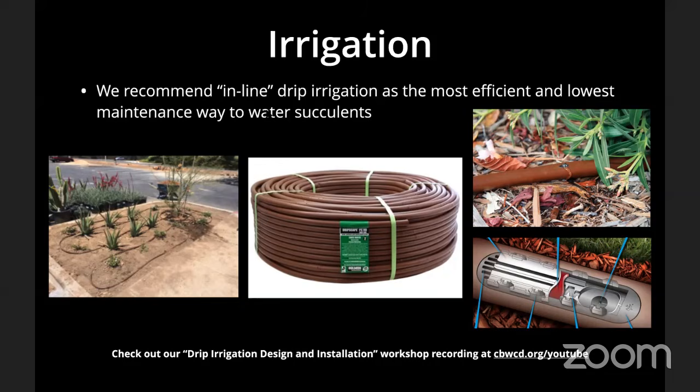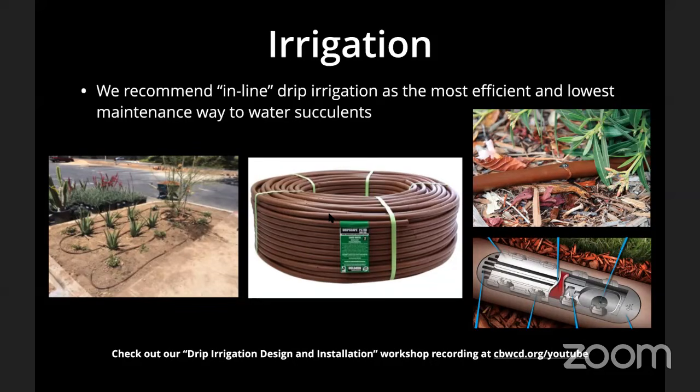So this inline drip irrigation, you buy a roll, either a 100-foot roll or a 500-foot roll. For most homeowners, a 100-foot roll, even if you need more than 500 feet to do a large area, 100-foot rolls are easier to work with. And in here, you might be able to see these little dots.